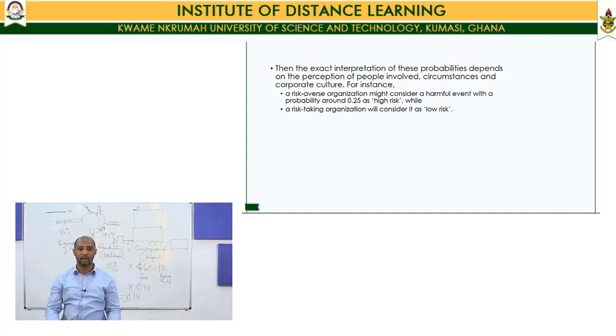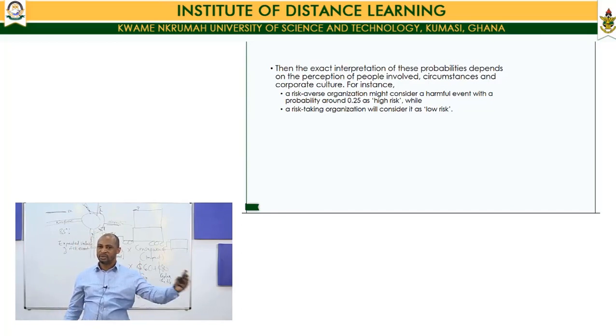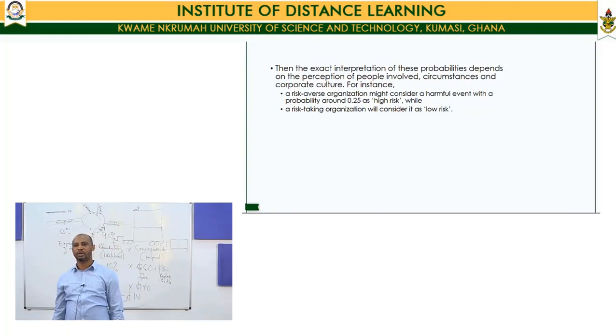Meanwhile, a risk-taking organization will even consider that 0.7 is low. So, that's why we are saying that the exact interpretation in real life is dependent on the organization concerned. Because a likelihood of 25% for some is too high. For others, it hasn't even gotten to the point where we have to consider.